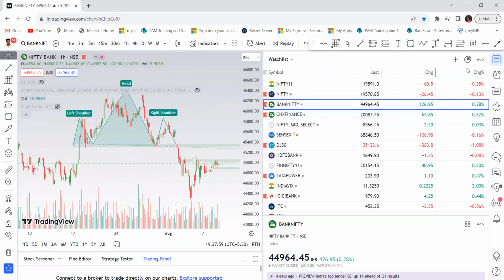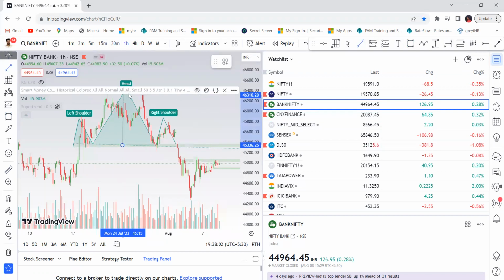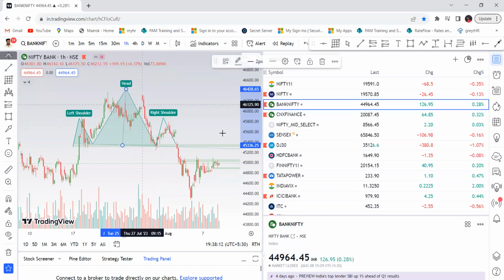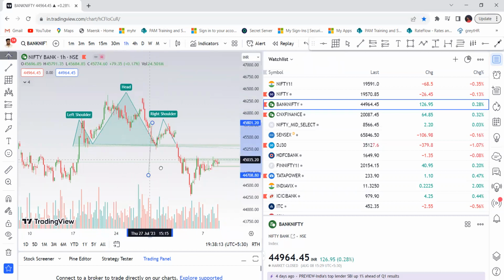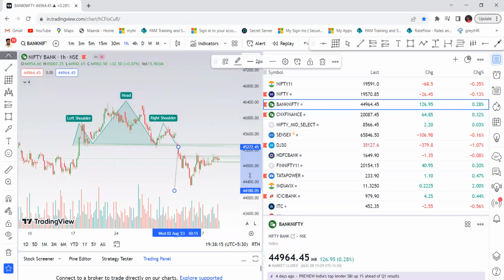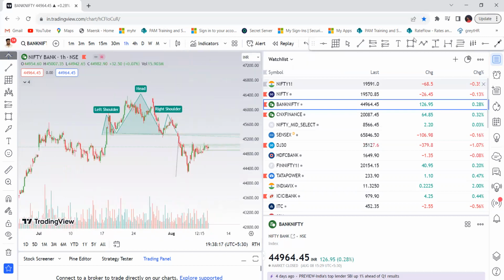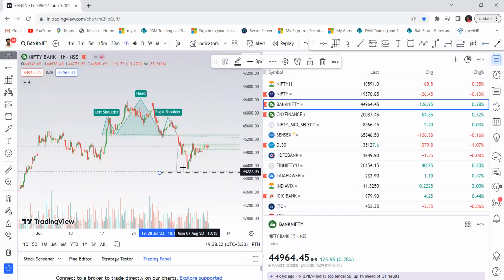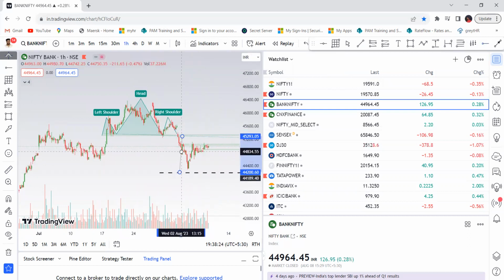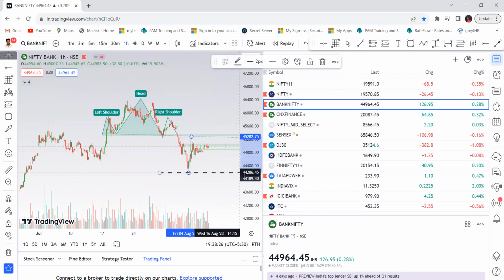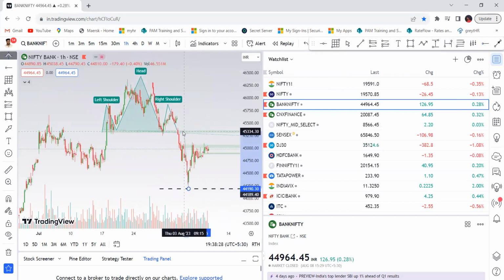So it has broken this, and the length of this head. Once it has broken, see here, it should move. See, it has moved till this target.